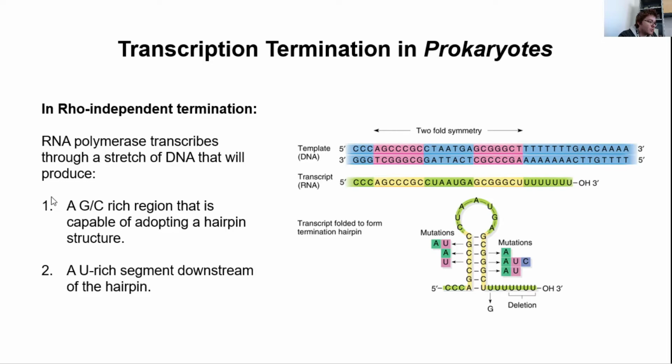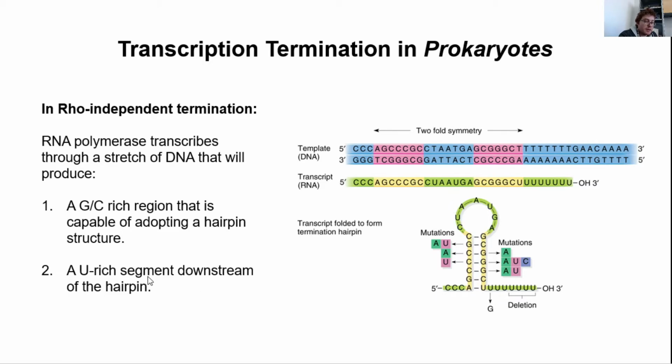And so it turns out this GC-rich region that gets transcribed can adopt a hairpin structure. And so that hairpin structure is shown here. And if you're feeling extra studious, you can kind of draw out this primary sequence and then see if you can come up with the same hairpin structure yourself. But the bottom line is you've got this nice stem loop structure here that produces this secondary structure.